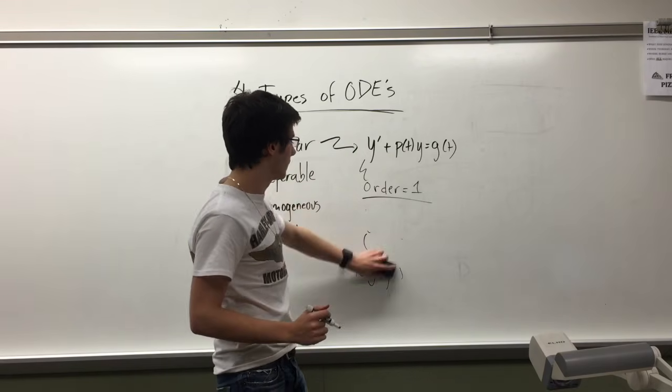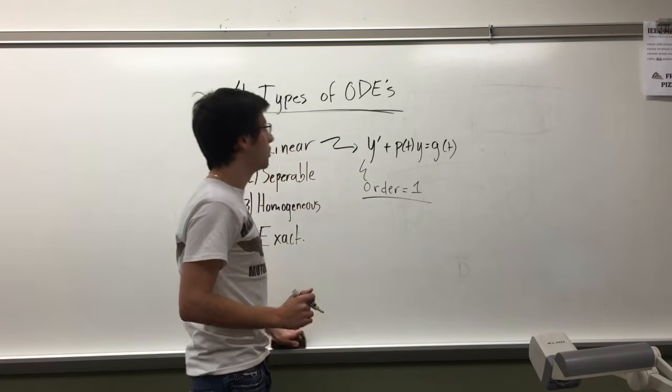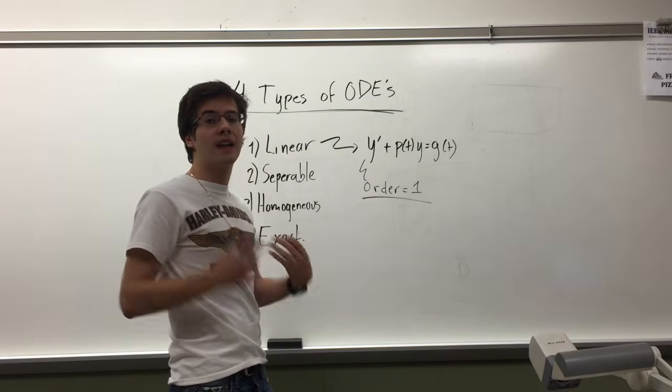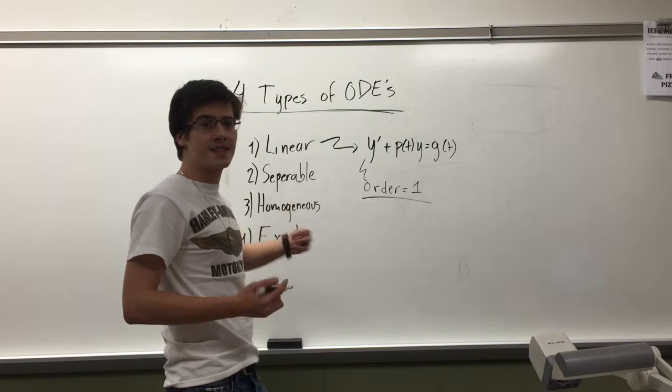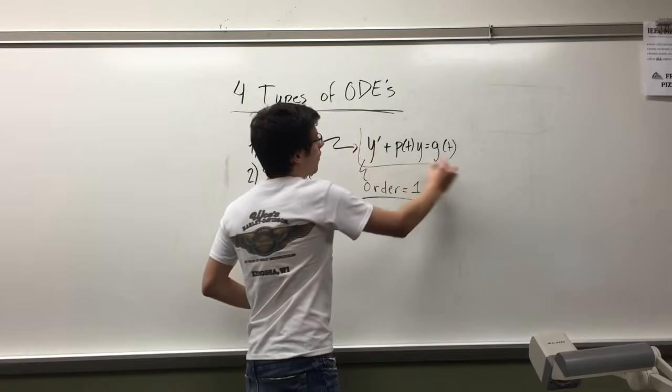These can't happen in a linear ODE. So we can identify a linear ODE easily by sight if it has the following form.